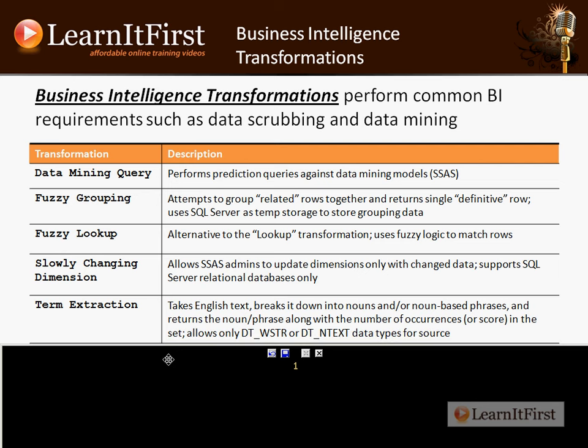Term extraction here, this is a nice one. You pass in a specific data type, some type of Unicode string or Unicode text data source, and it will go through and break it down, and it will show you either the nouns or noun-based phrases, and then it gives a score.